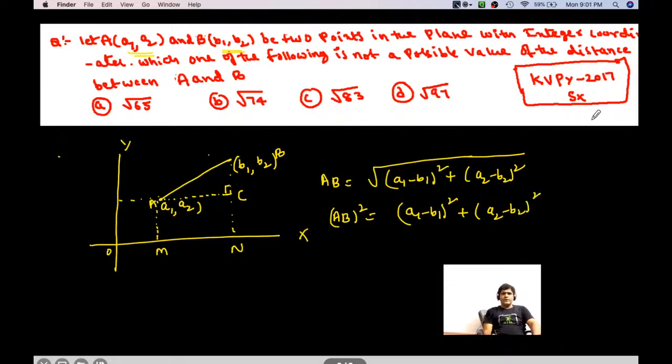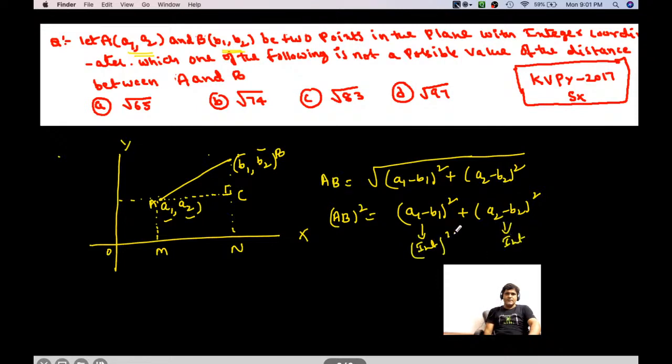In the question it is given that A1 A2 B1 B2 are integer coordinates. Here A1 minus B1 is also an integer, and A2 minus B2 is also an integer. These two are integers only.